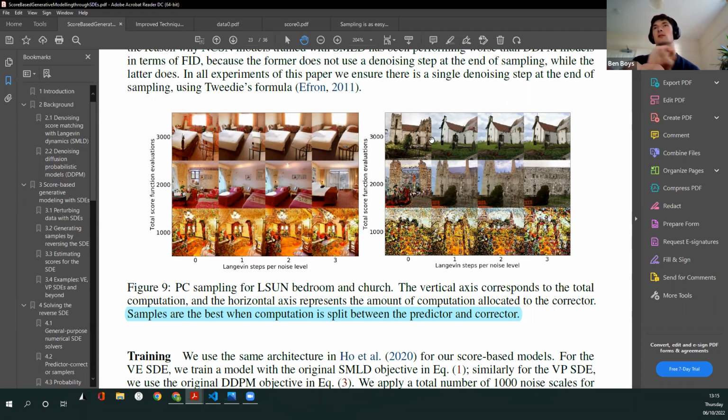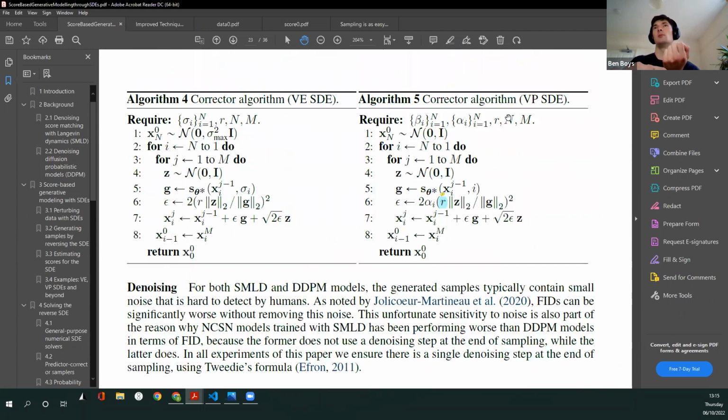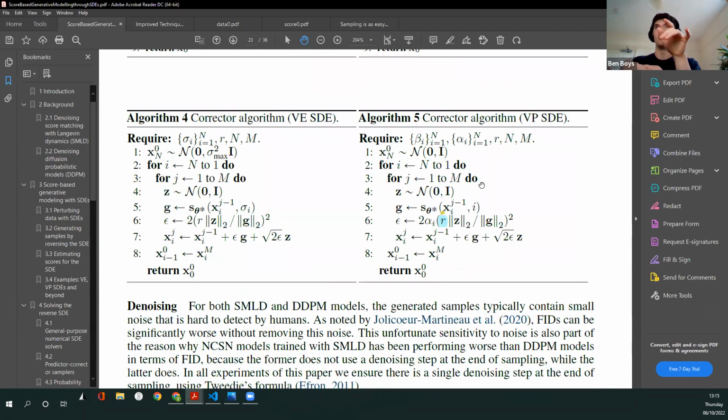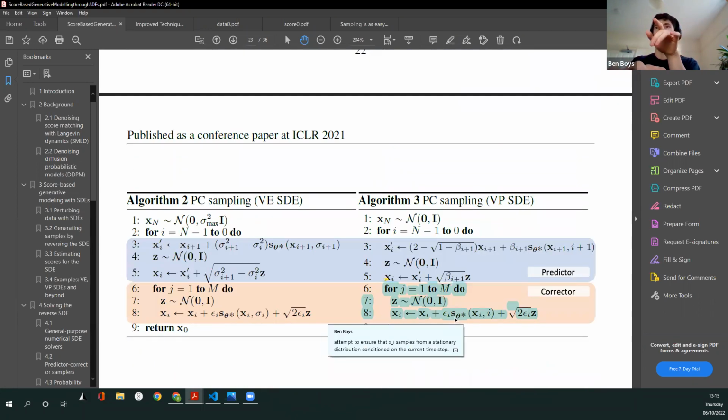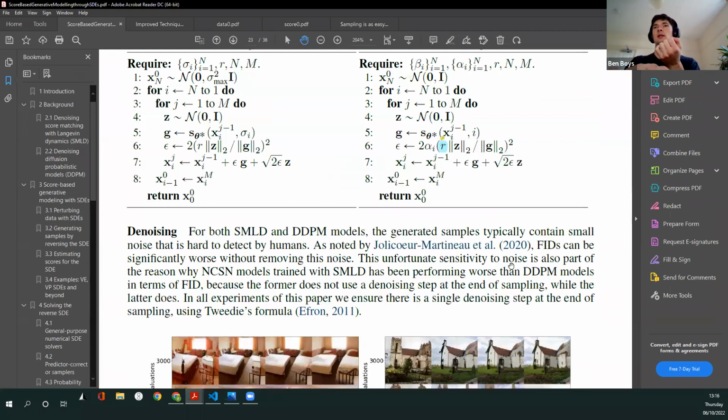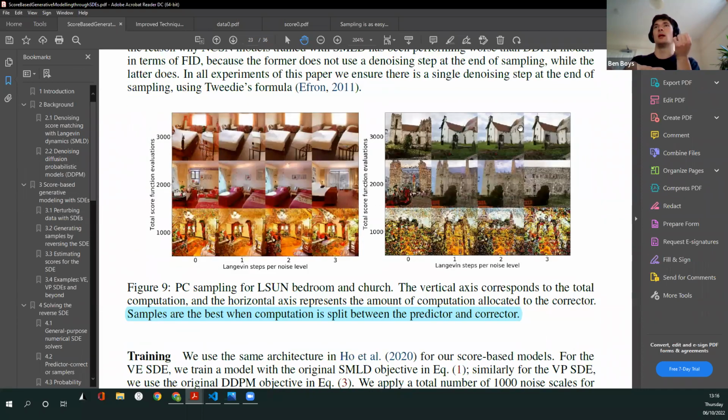So for 3,000 function evaluations total, because each step of this also involves an evaluation of S theta. So it's the number of evaluations of S theta, which is really determining your compute budget. You would be better off by having 2 or 3 Langevin steps per noise level. So 2 or 3 corrector steps and then a predictor step.